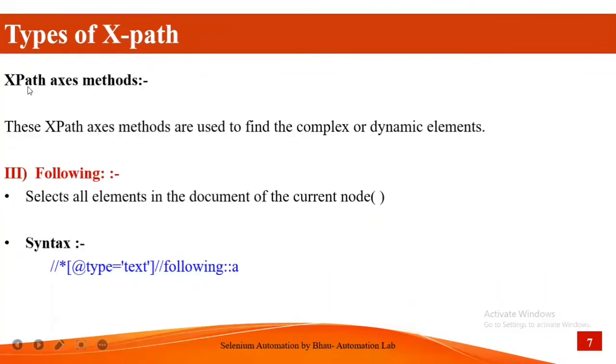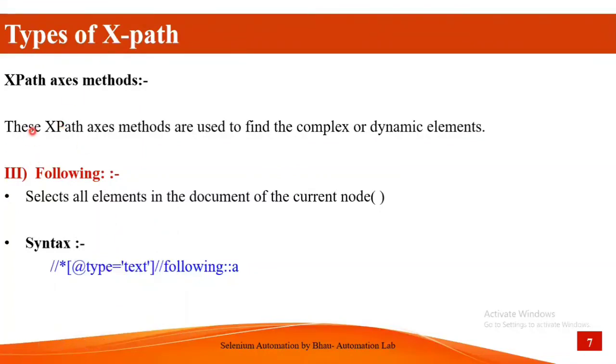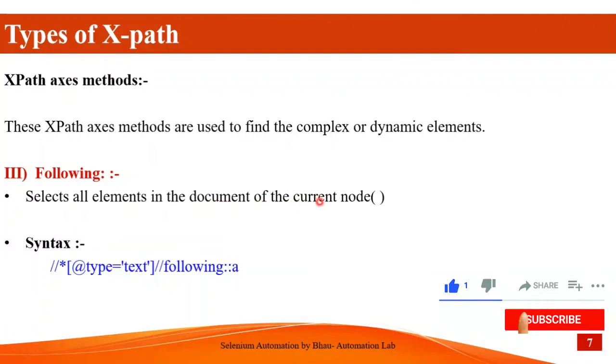Okay. Now let's try to understand XPath axes methods. This is also part of the types of XPath. These XPath axes methods are used to find complex and dynamic types of elements. It's very commonly used. Let's first understand the following XPath axis method. The following axis selects all the elements in the document after the current node, all the elements.